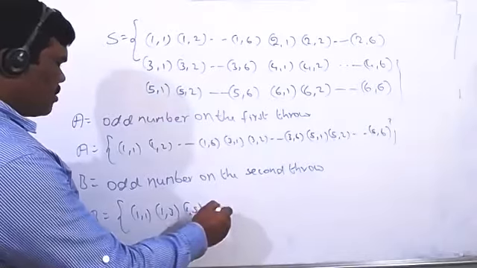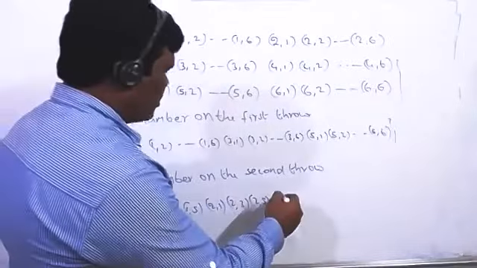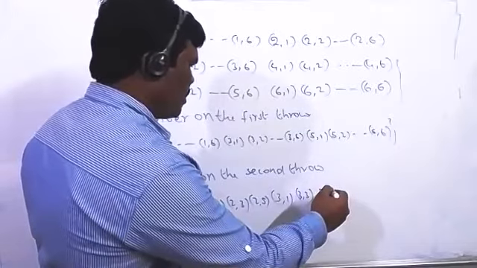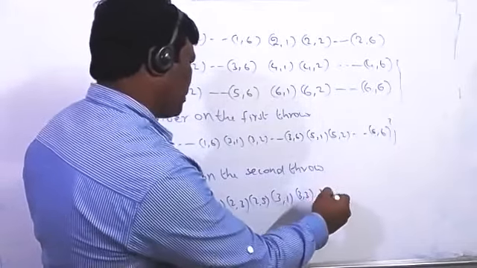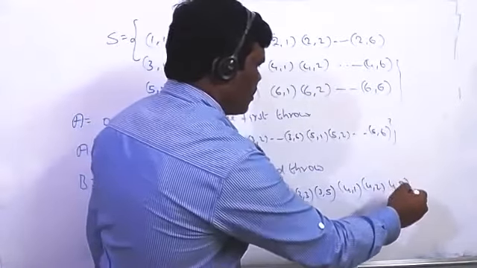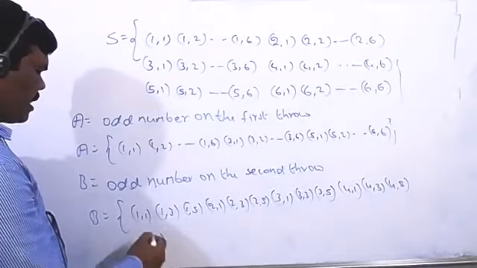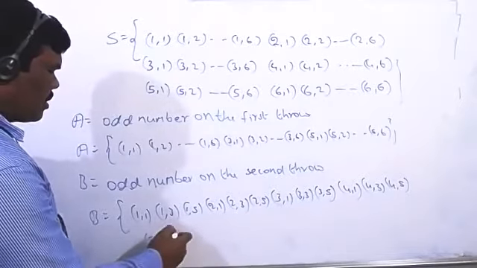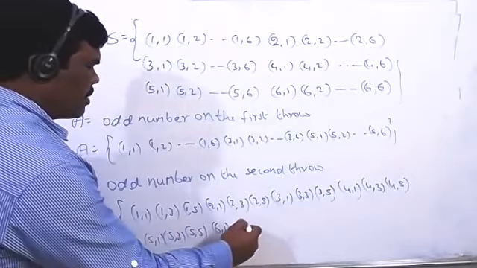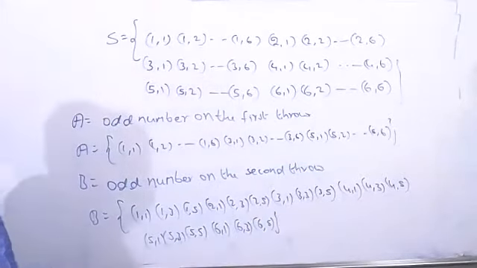The same way 2 comma 1, 2 comma 3 and 2 comma 5. Next 3 comma 1, 3 comma 3 and 3 comma 5. Next 4 comma 1, sorry, 4 comma 1, 4 comma 3 and 4 comma 5. The same way 5 comma 1, 5 comma 3 and 5 comma 5. And 6 comma 1, 6 comma 3 and 6 comma 5. These are the outcomes in event B.